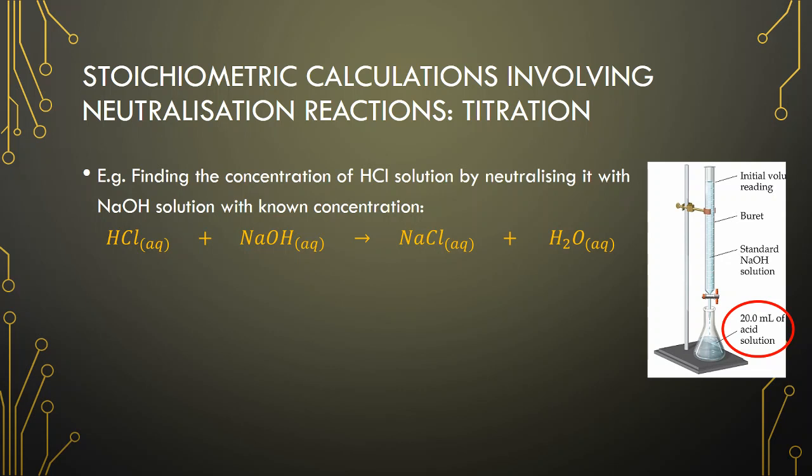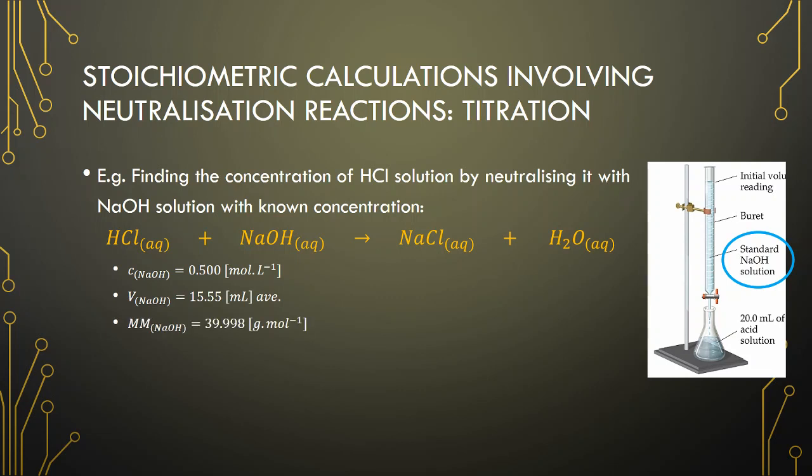All right, so information-wise, what do we know? In the NaOH solution, you know the concentration. In this case, let's say that was 0.500 moles per liter. The volume you used to reach the end point of the reaction was 15.55 mL. You can read up to 2 decimal points on the burette. Molar mass may be useful, may not be useful, depending on what you're asked to find out.